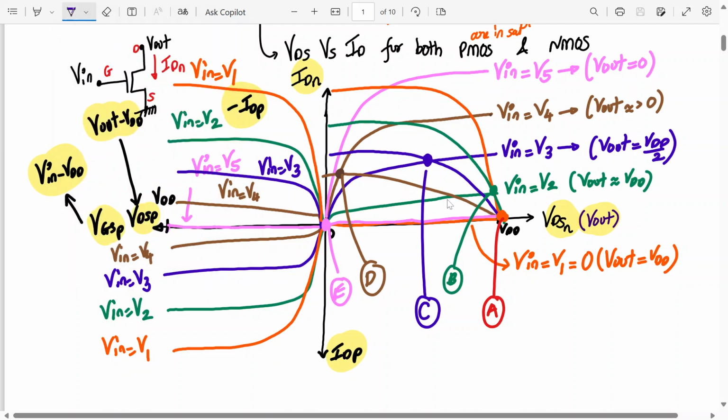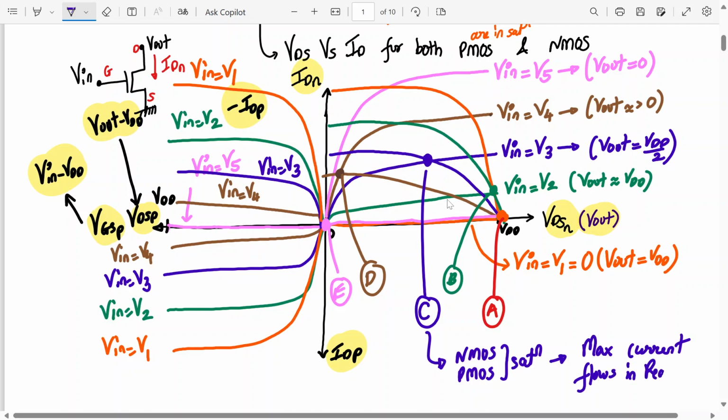Yes, in region C. It's correct also, because both the NMOS and PMOS are in saturation over here. So maximum current in the device flows in region C. Alright.